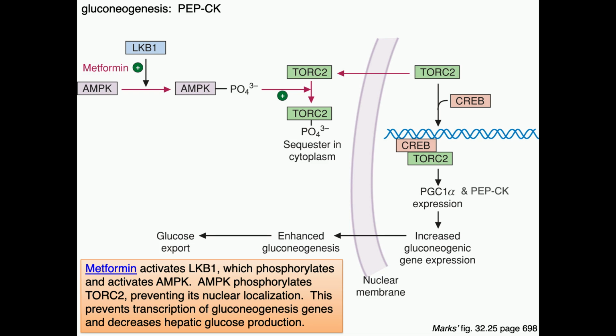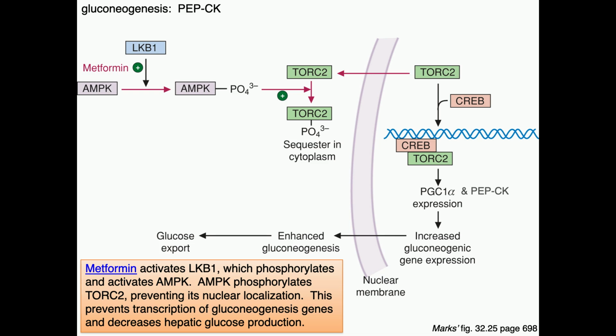Because gluconeogenesis is an energy-intensive process, and if we don't have energy in the cell, we don't want to be making glucose, we want to be burning glucose for energy. So normally AMPK phosphorylates TORC2 and holds it in the cytoplasm in low energy conditions.